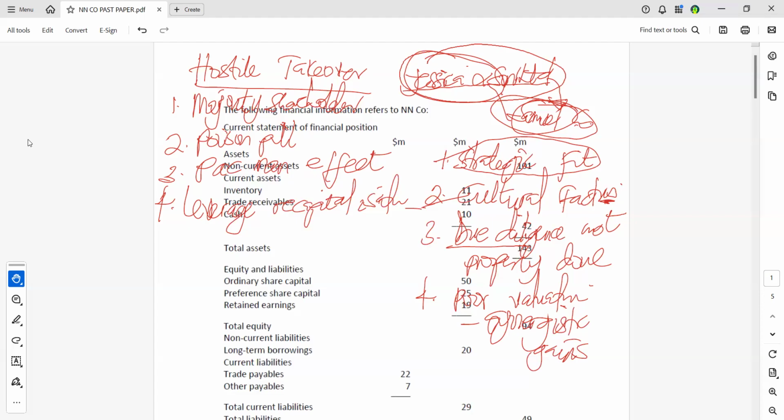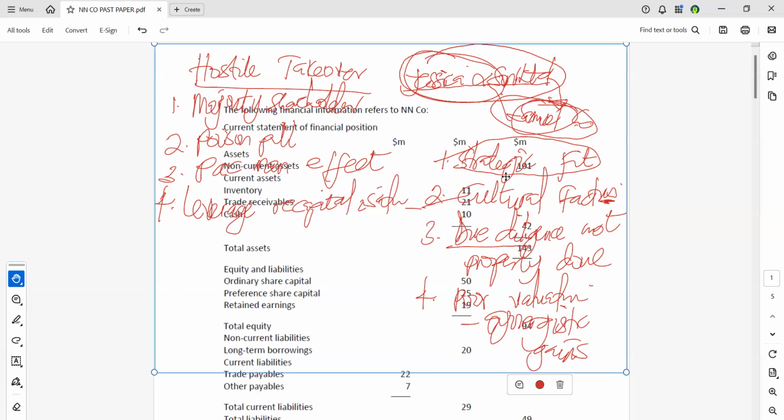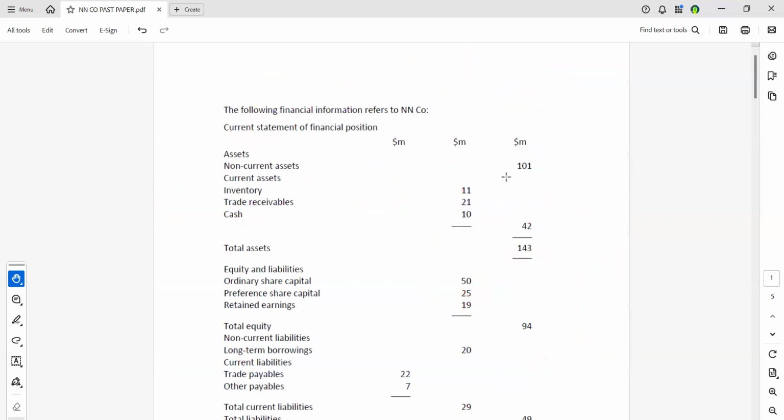But you are the cause. So these are some factors that lead to acquisition failing. The last thing to talk about is that when we say an acquisition has failed, it does not mean that we couldn't buy the company, but it means that we bought the company, but we don't get the benefit that is attributable to that company.